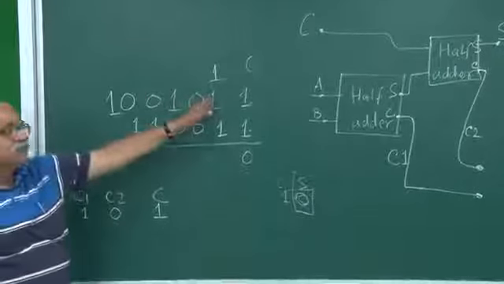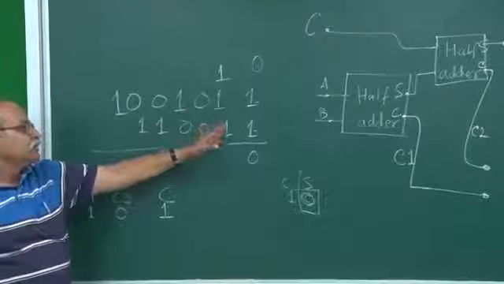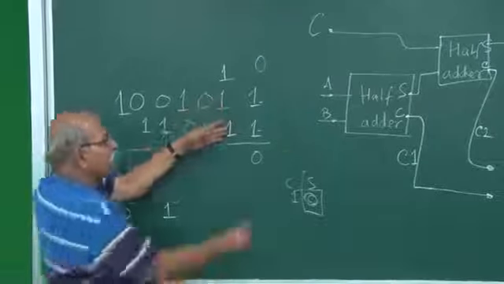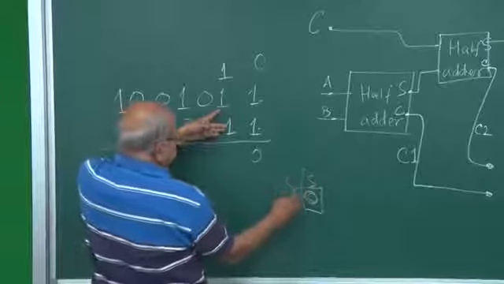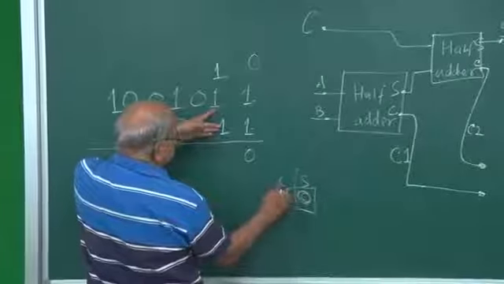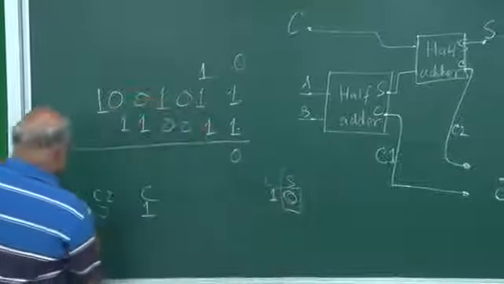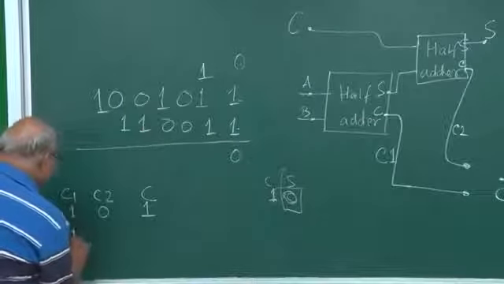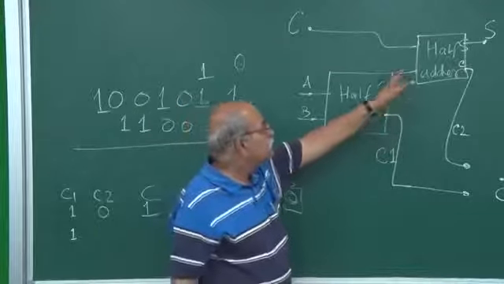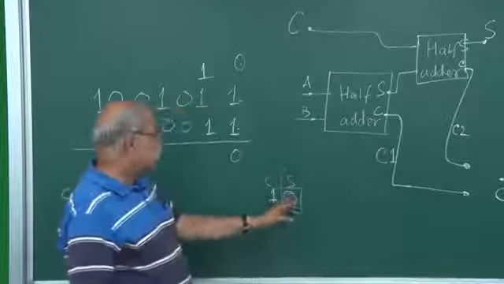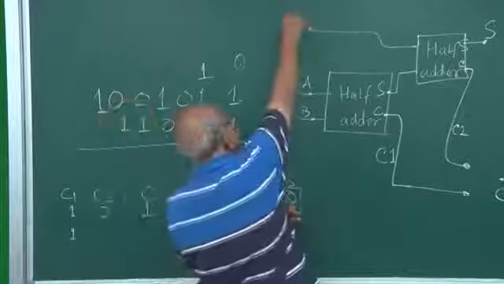Next comes this column. A, B, when you half add, once again you get sum as 0 and carry as 1. So C1 is once again 1. And what is C2? The sum here is 0. And what is this initial carry?